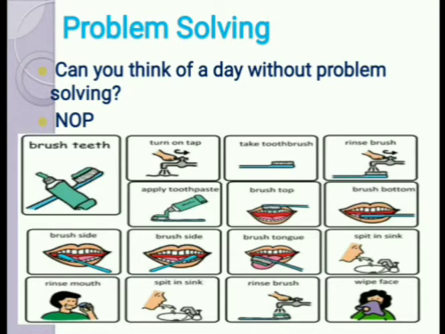First brush the top teeth, then brush the bottom teeth, then brush the side, brush the other side, then at last brush the tongue, and then you have to rinse your mouth, spit it in the sink, then again rinse the brush, wipe your face. So these are the steps that you should follow while brushing your teeth.